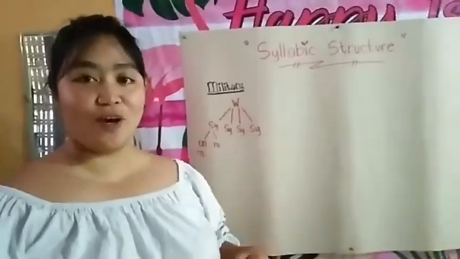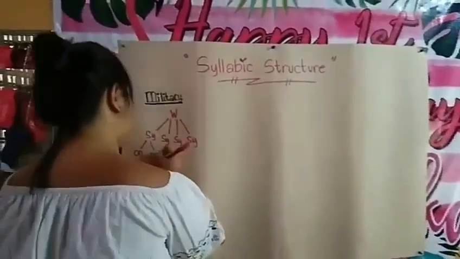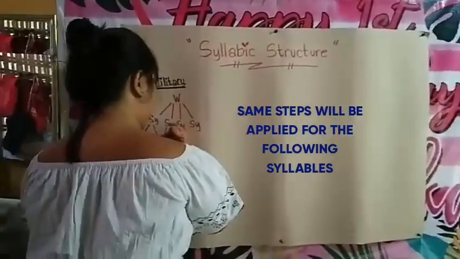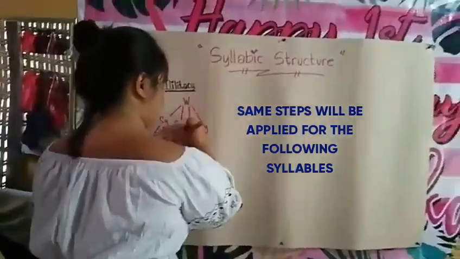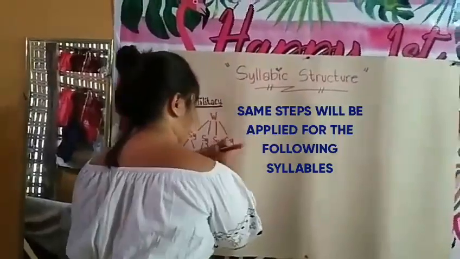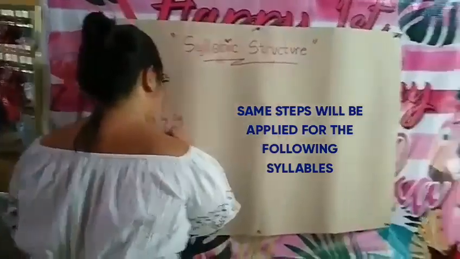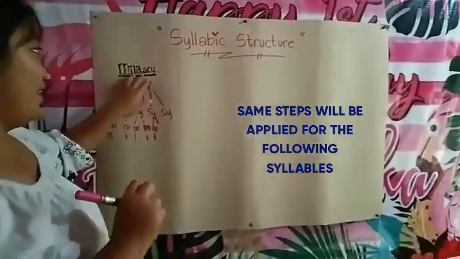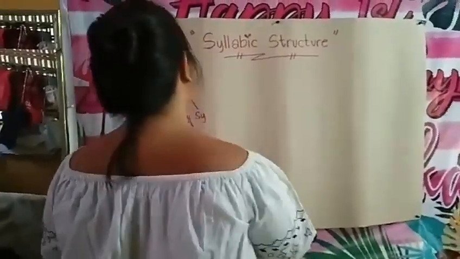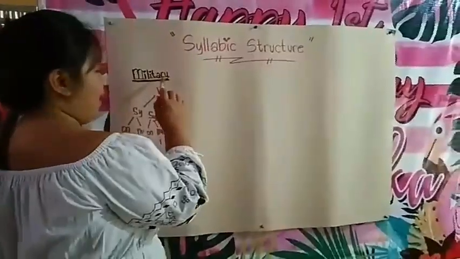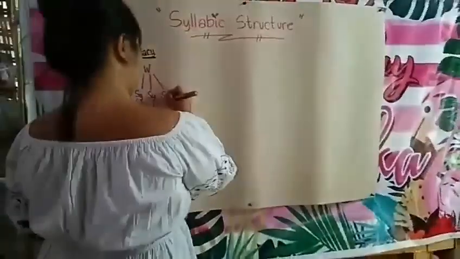Nucleus is the vowel letter of this word, I. So R is a consonant, so this is an onset.